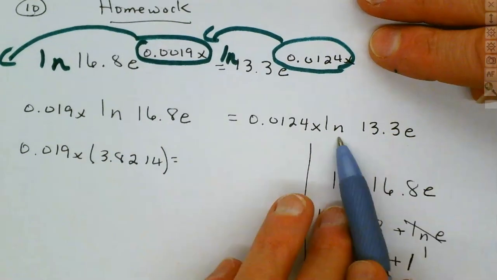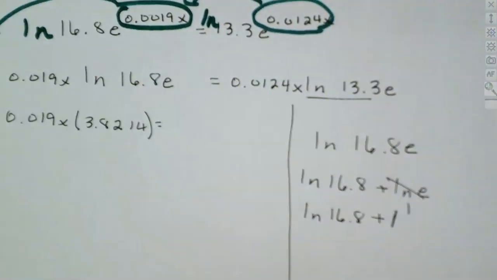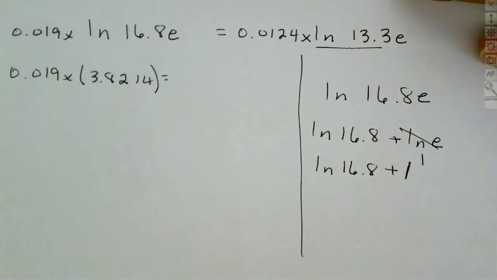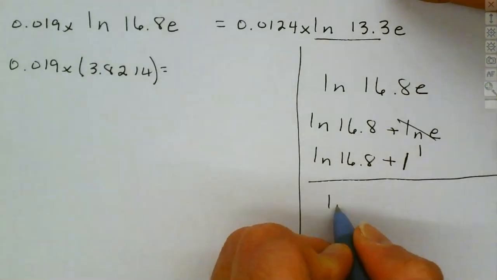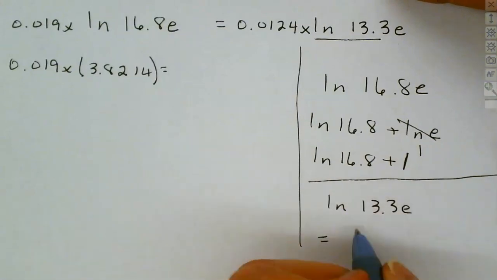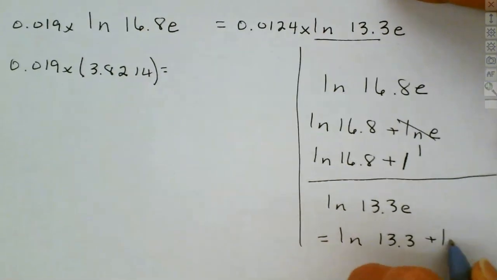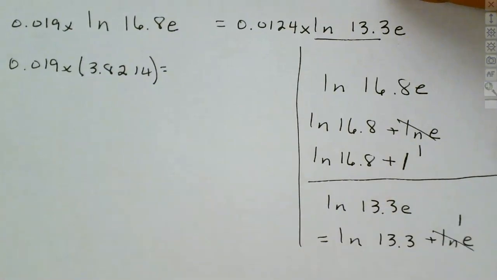And what about the other one? Well, we need to work this piece out. That's natural log of 13.3e. We're going to use the same approach to break it down. The natural log of 13.3e is the same thing as the natural log of 13.3 plus the natural log of e. Natural log of e is 1 again.